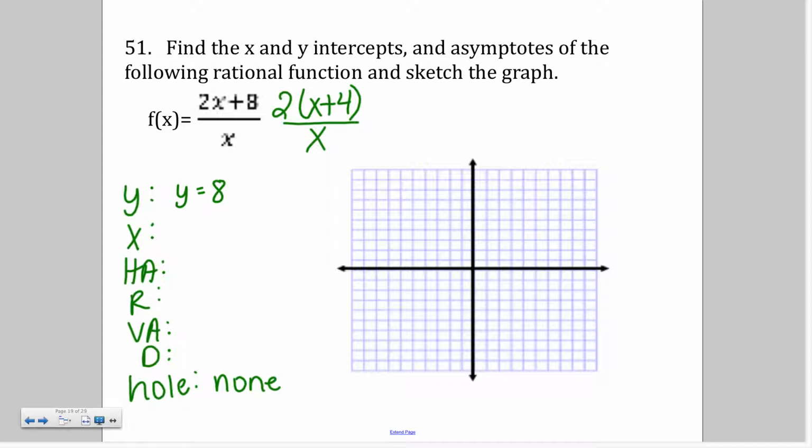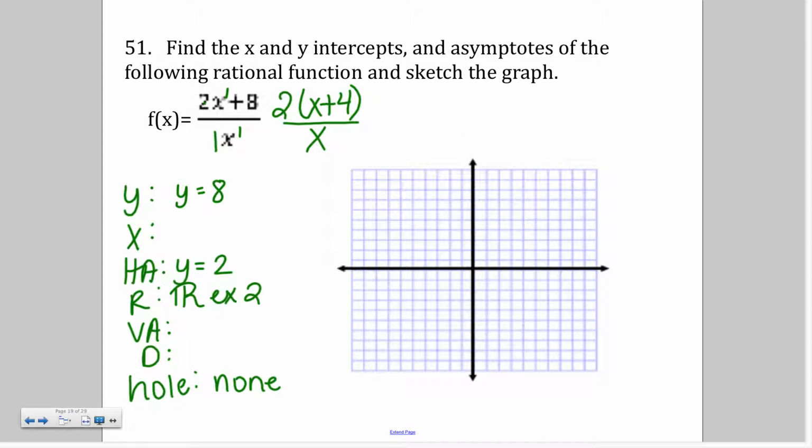We have a 1 and we have a 1. So since they're the same, we take our ratio. So 2 over 1 gives us a 2. So we have a horizontal asymptote at 2. So our range is going to be all real numbers except 2.